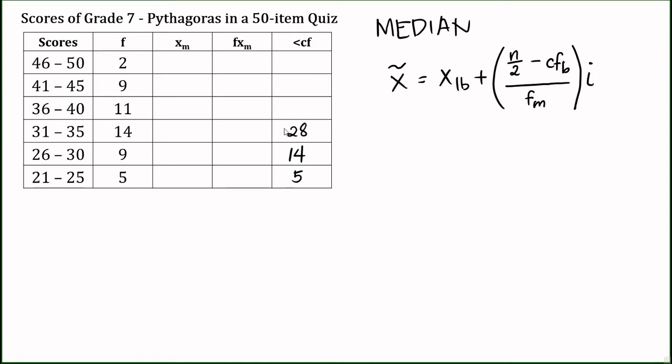And then, after po nun, yung 28 naman, dadagdagan natin yung next frequency, which is 11. So, 28 plus 11 is 39. And then, 39 plus 9 is 48. And then, 48 plus 2 is 50.